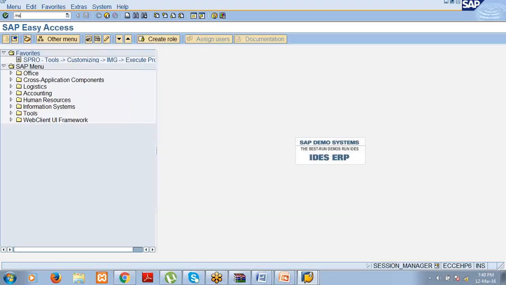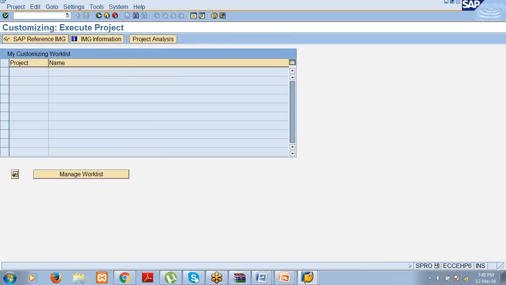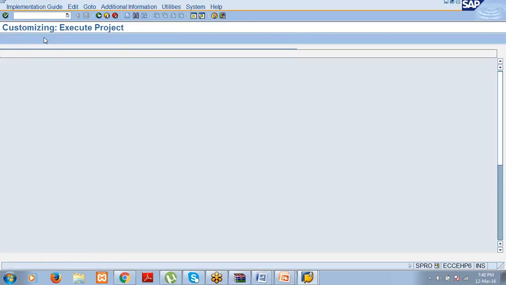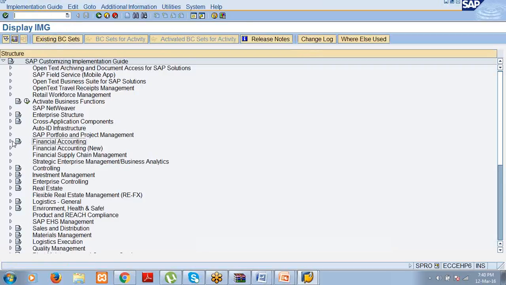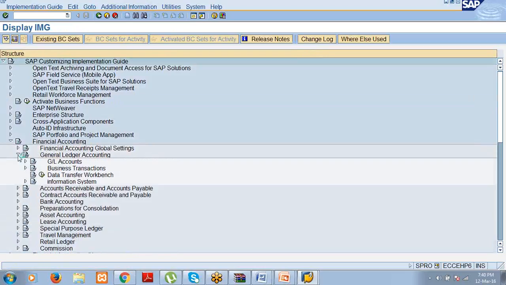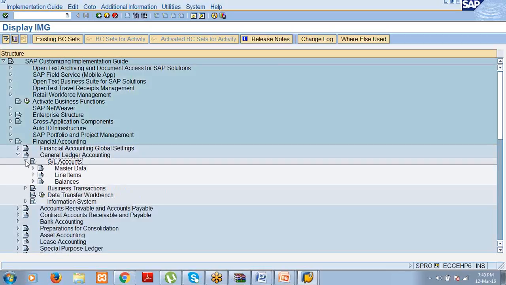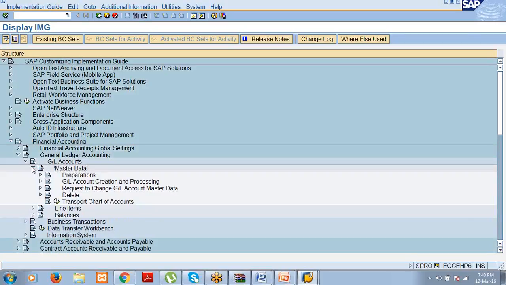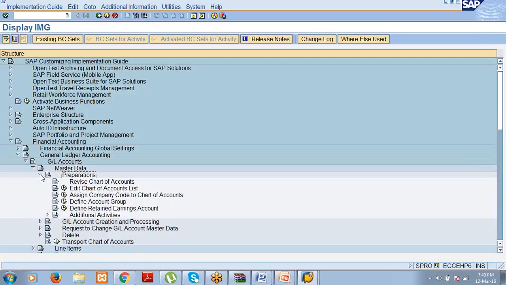SPRO. You can use slash and SPRO. Financial accounting, general ledger accounting, GL accounts. Otherwise, you can use the transaction code. Master data, preparations, edit chart of accounts list.